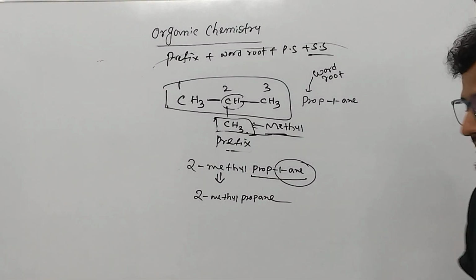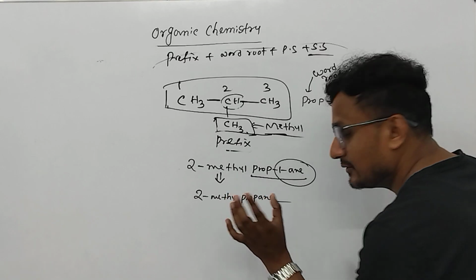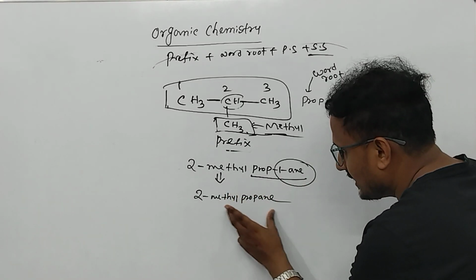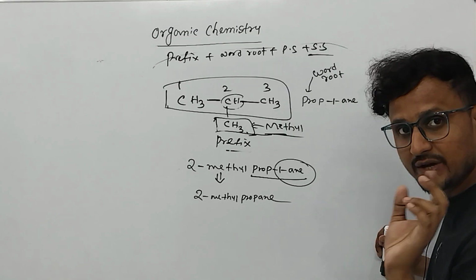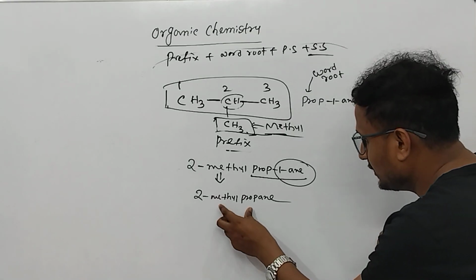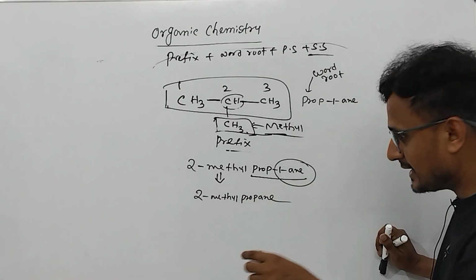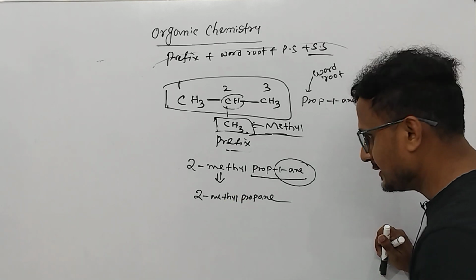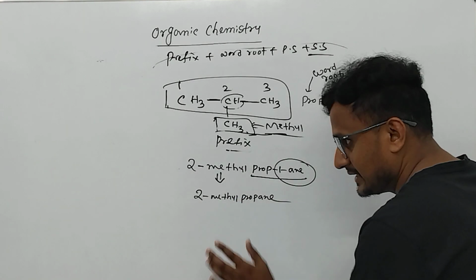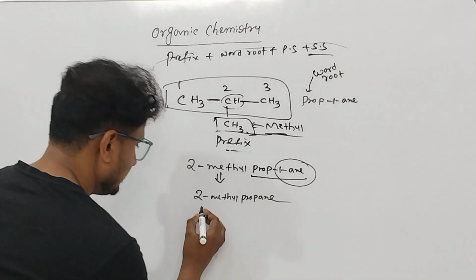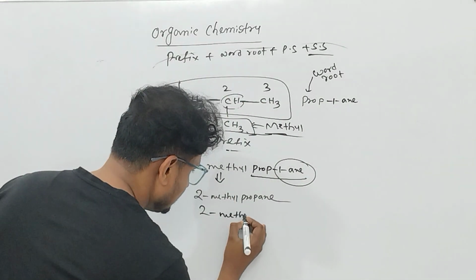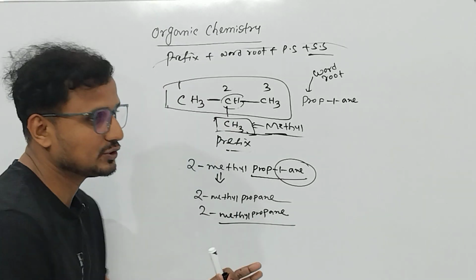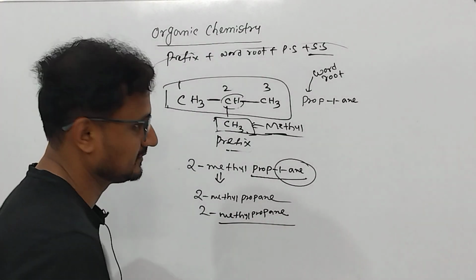Now in ICSE, the main IUPAC nomenclature rule is that when you finish a naming, all the words should be together. 2-methylpropane should be together. There should not be any space, but it can be considered. As I said, 2-methylpropane should be together because there is no number and it is the end word.